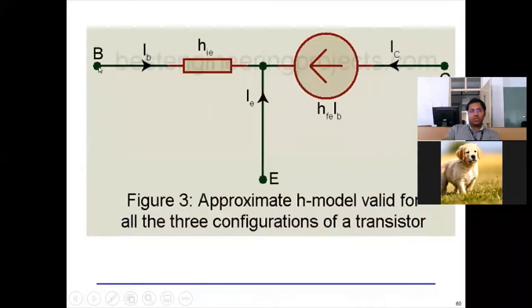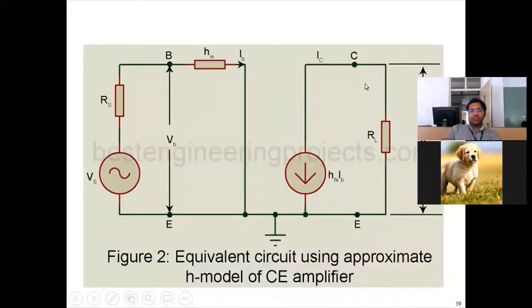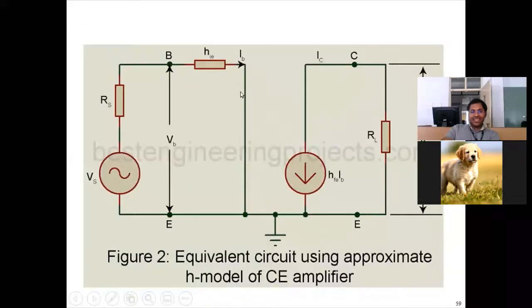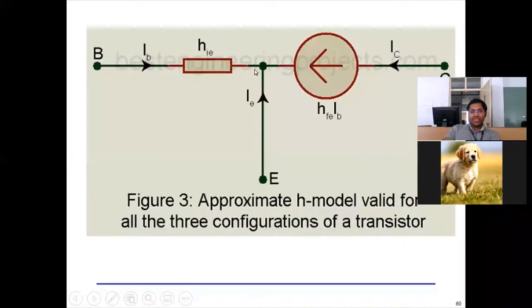Next, from collector to emitter, I have HFE IB. And the junction of this HIE and HFE IB is nothing but the emitter terminal.